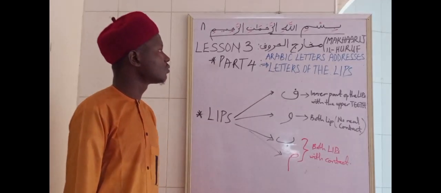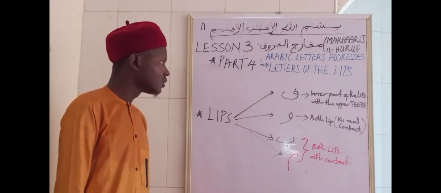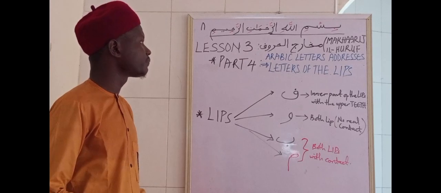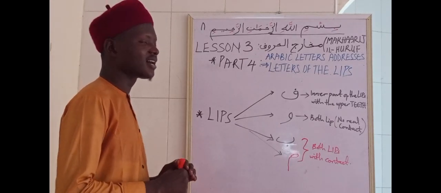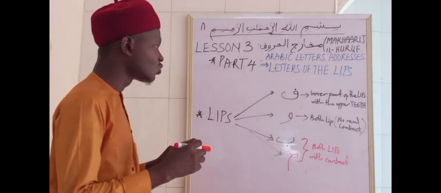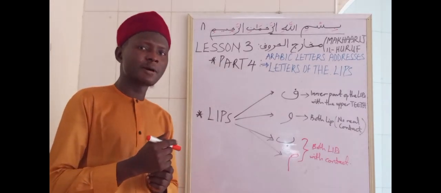What we will need to do is go and sit down at home and go through this lesson, part 1, part 2, part 3, and part 4. Study these letters one after the other. Look at those that are very similar, especially in pronunciation.